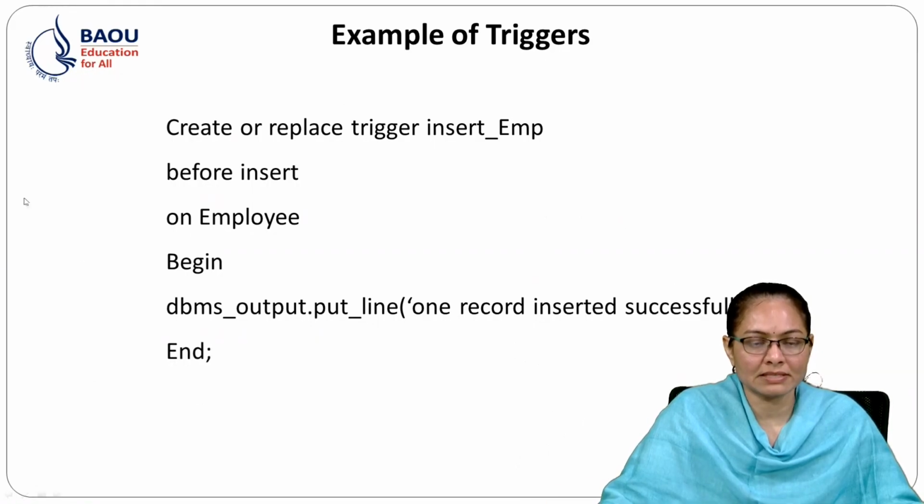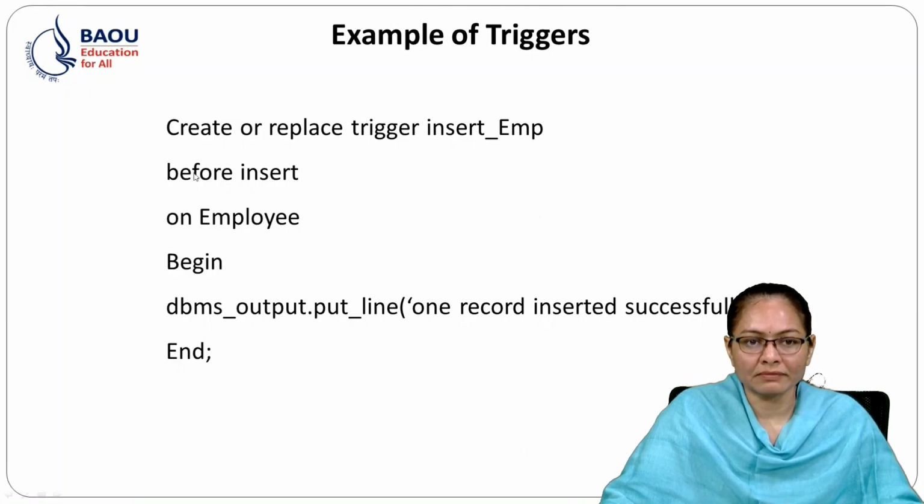It is a simple example. This trigger is fired when we insert data into the employee table, and before inserting the data into the table, this trigger is executed. And this trigger displays that one row record was inserted successfully. In the same way, we can create a trigger on a delete or update operation also.